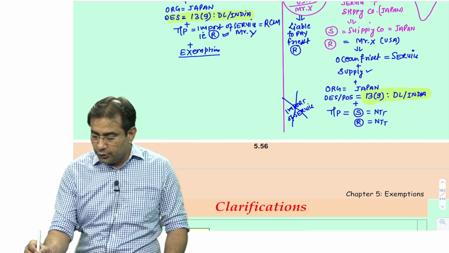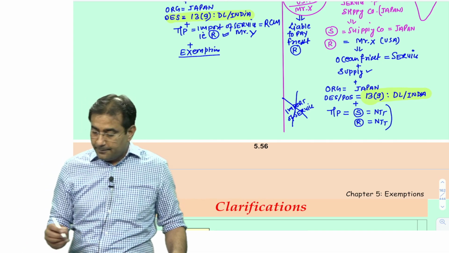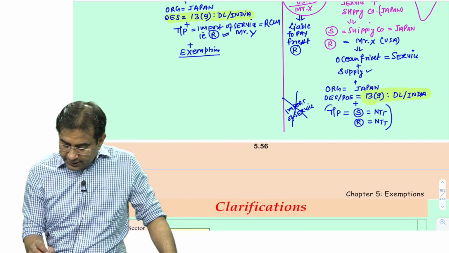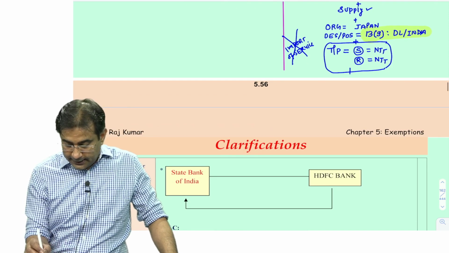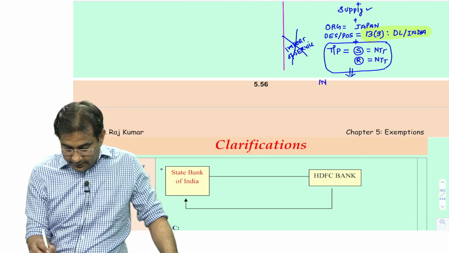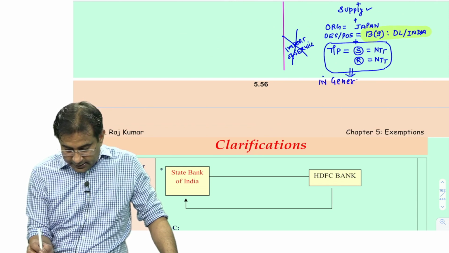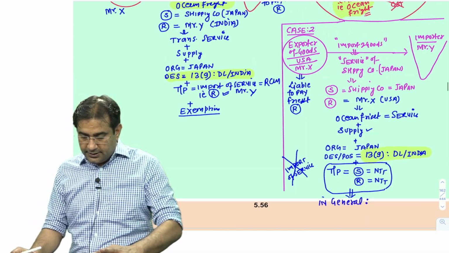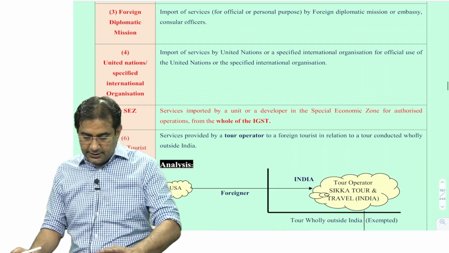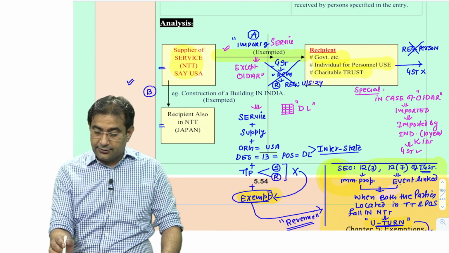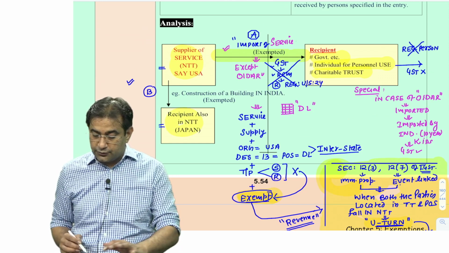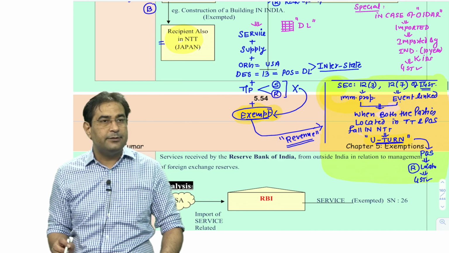Who will be liable to pay GST? Practically, generally there is an exemption in this particular situation. We have discussed earlier that when both the parties are located outside India, it will be exempted.